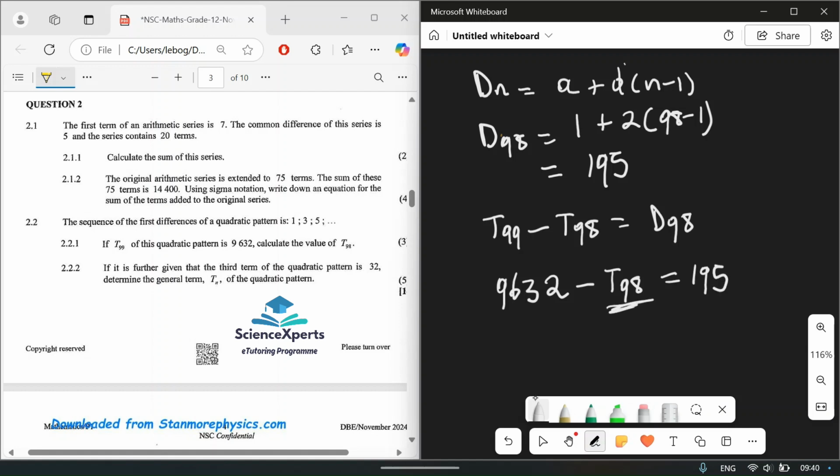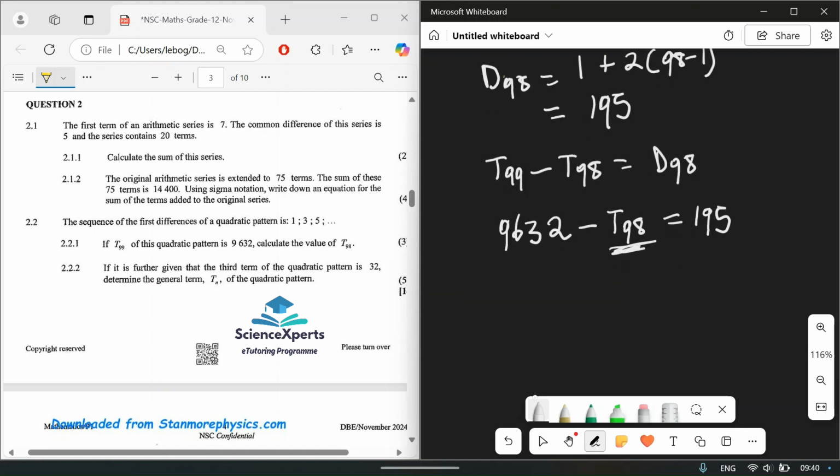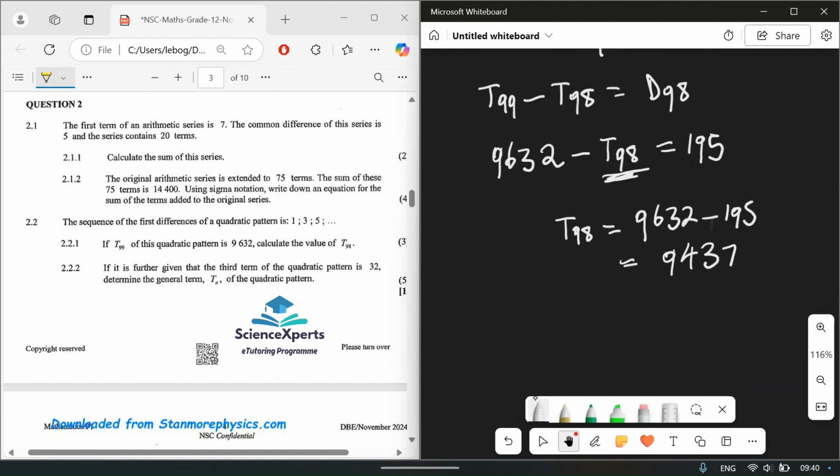Then we can solve this and make it the subject of the formula. So T98 will therefore be equal to 9632 minus 195, that's 9437. That's term number 98 of the quadratic pattern.